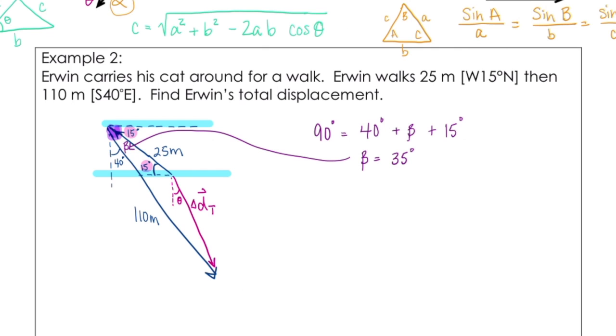So now we have two sides of our triangle and an angle, so we can use cosine law. The side opposite the angle is going to be side C. Then we'll make this side A and this side B. Here's our equation.